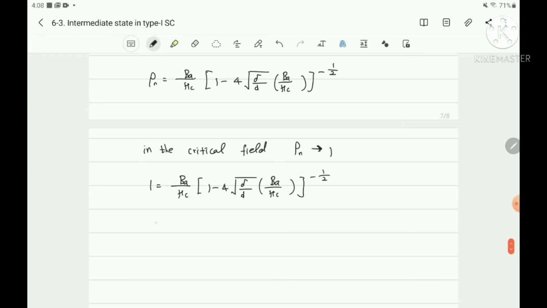Then Hc here: 1 minus 4 square root delta over D Ba over Hc, and Hc square is Ba square.